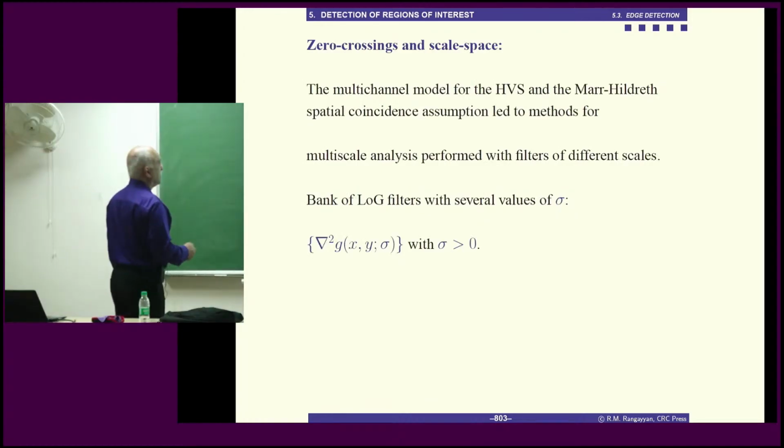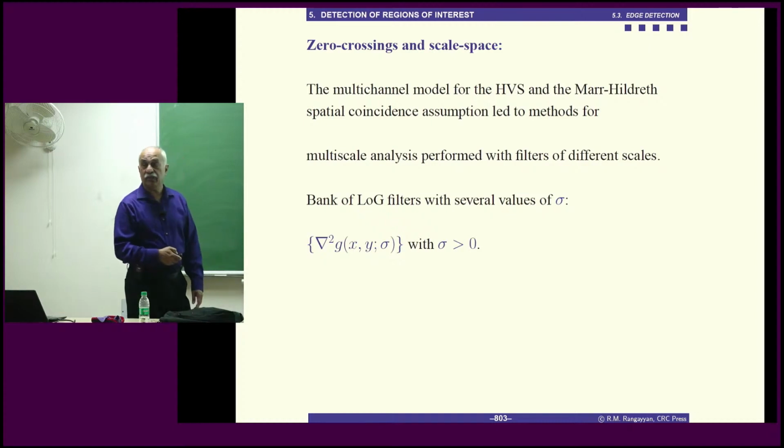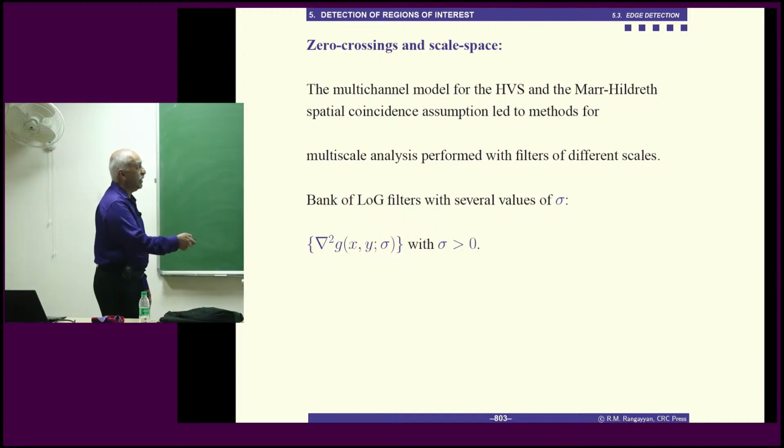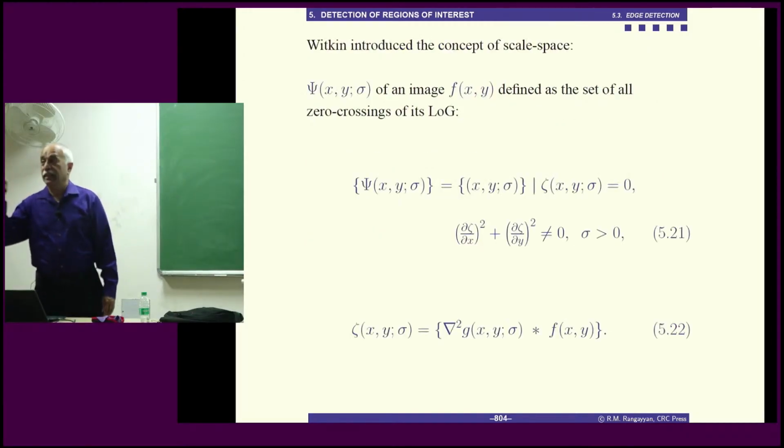So the scale space is generated using this nabla square G. This is the Laplacian of Gaussian. xy, and sigma is the parameter of the Gaussian scale. Sigma greater than 0: 1, 2, 3, 4, whatever you want, 1, 2, 4, 8. It's up to you how you want to sample the scale range.